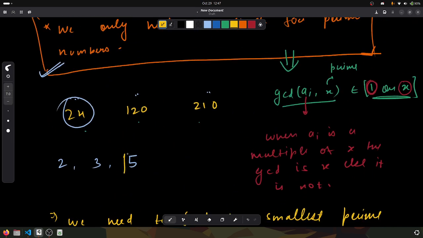Since 5 was the first prime number here that had 24, which is not a multiple of 5, 5 will be the answer.